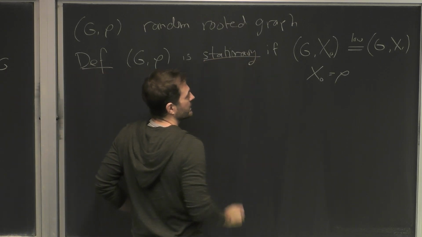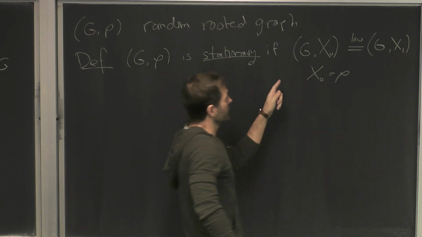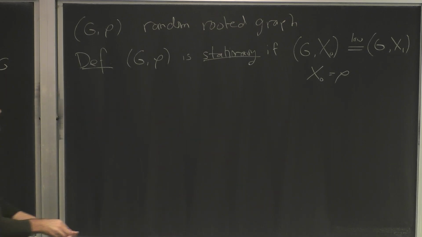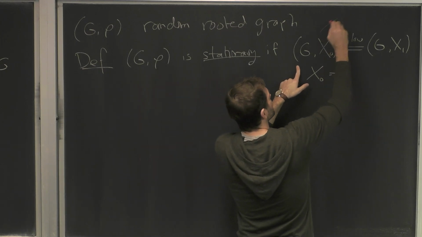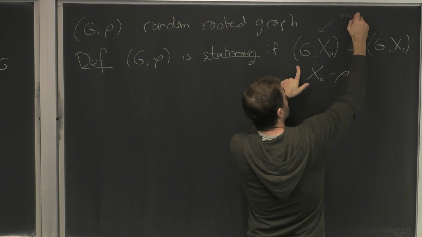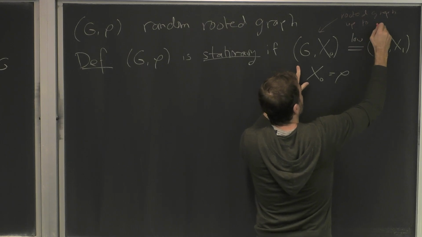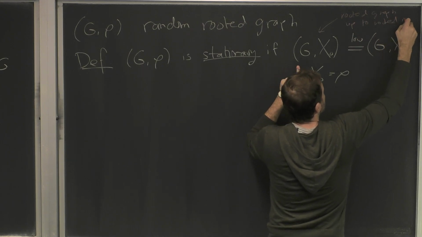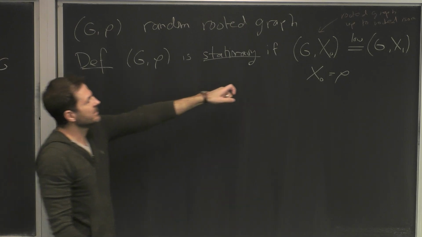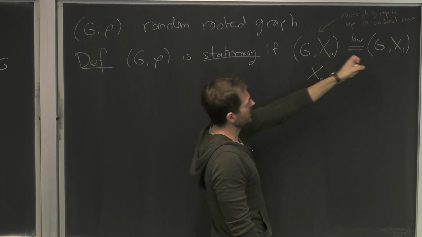This random graph is a stationary random graph if the law is unchanged under one step of the random walk. And by law, we have to be specific about what we're talking about here. This is the law where I consider this object as a rooted graph up to rooted isomorphism. So what I mean is that the distributions on rooted isomorphism classes are the same on both sides here.